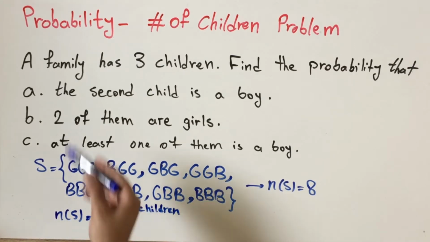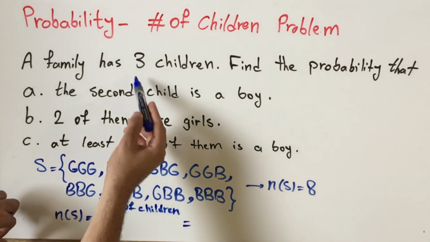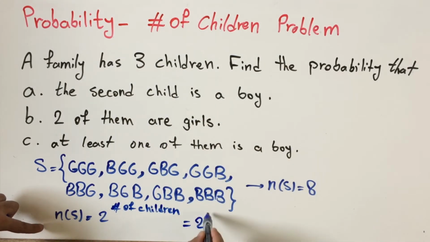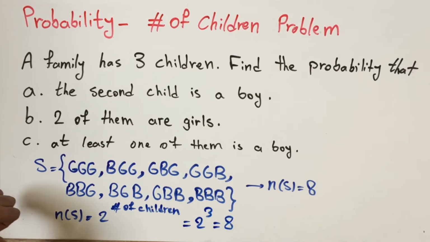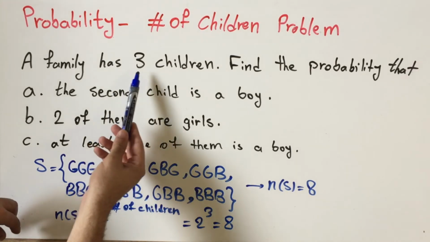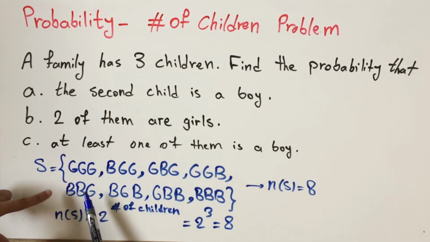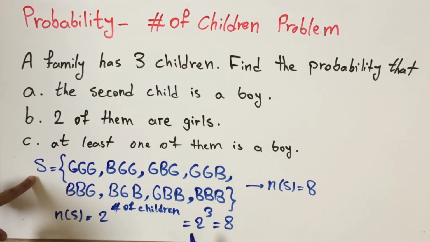In this scenario we have 3 children, so n of S is 2 to the power of 3, which is 8, the same answer. If you had 4 children, then the number of items in S would be 2 to the power of 4, which is 16.